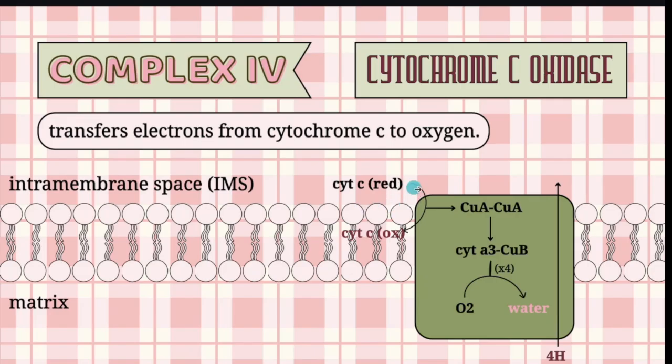So when you have 2 cytochrome Cs, that's already 2 of these iron copper centers that are reduced, that bind to oxygen. And when you get 2 rounds of Q cycle, you multiply again by 2. So that's how you get 4. So oxygen will be reduced to water, and 4 protons will be pumped from the matrix into the IMS.